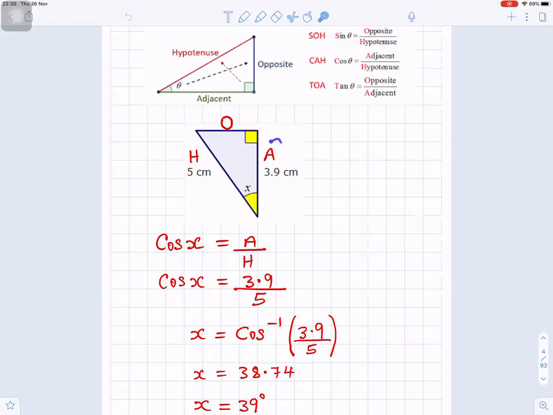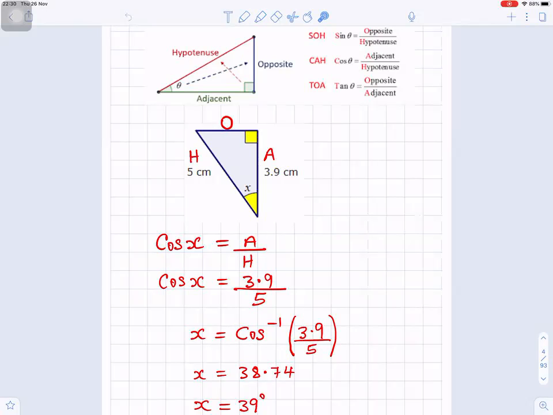So we know A and we know H, which is the CA, cosine of X. We are using X instead of theta. So cosine of X is equal to adjacent divided by hypotenuse. Write down the formula first. Substitute in the adjacent value 3.9, and the hypotenuse value 5. So cosine of X is 3.9 divided by 5.